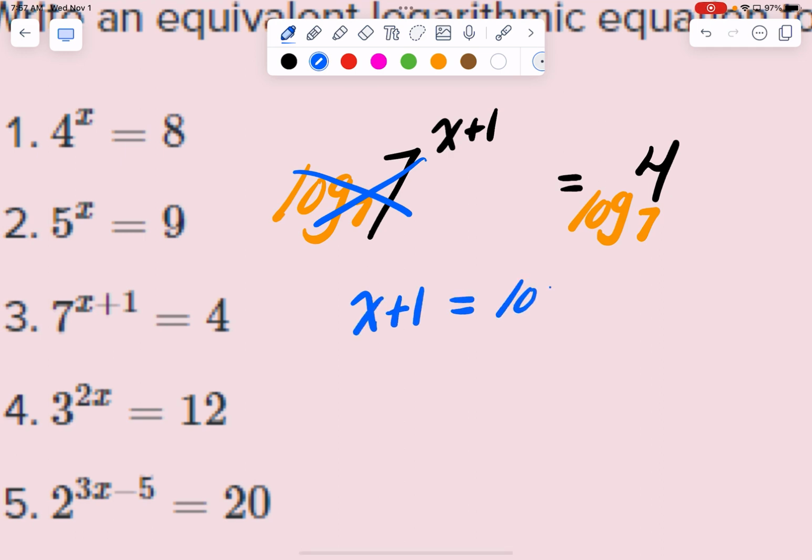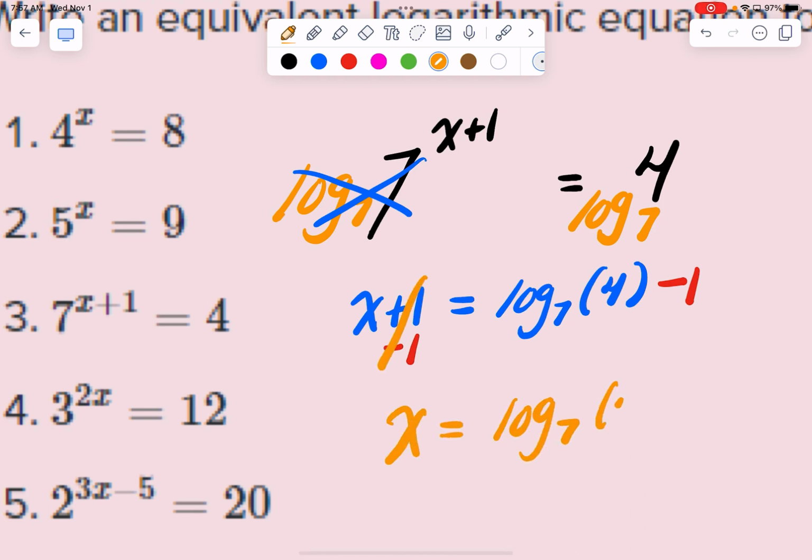Then on this side, we have log base 7 of 4. Now from there, it says to solve for x. So what would we do now? Good, algebra, and that means we're going to, in this case, subtract 1. So they want x equals log base 7 of 4 minus 1. It's the same idea as finding the inverse, isn't it? Because we just solved for y. You know, we switched x and y, solved for y. In this case, we're doing the exact same thing.